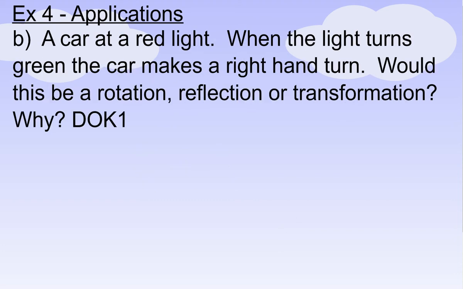Letter B. A car is at a red light. When the light turns green, the car makes a right-hand turn. Would this be a rotation, a reflection, or a transformation? So let's see.